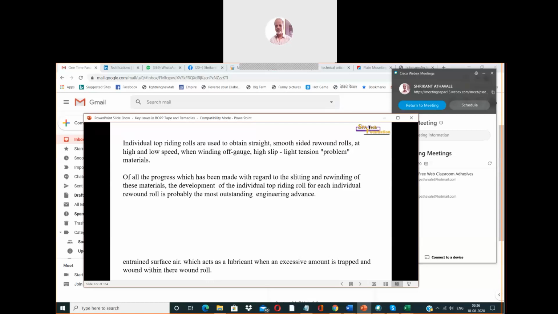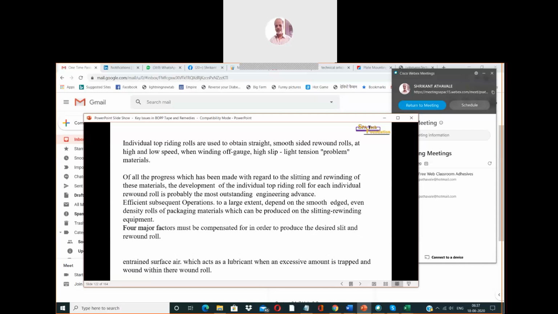Of all the progress which has been made with regard to the slitting and rewinding of these materials, the development of an individual top riding roll for each individual rewound roll is probably the most outstanding engineering advance. Efficient subsequent operations to a large extent depend on the smooth-edged, even density rolls of packaging materials which can be produced on slitting rewinding equipment.